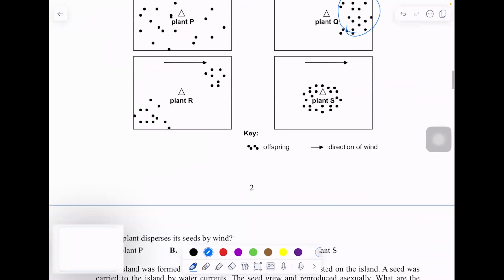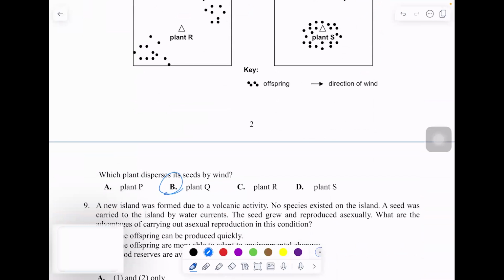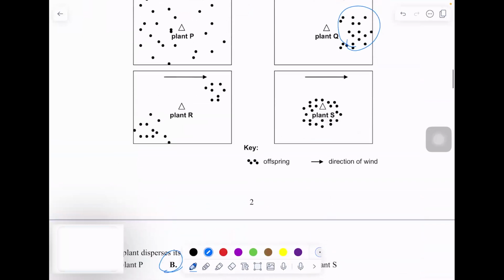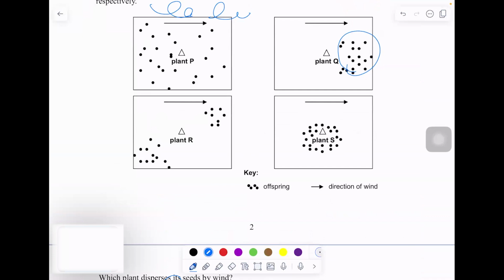Which is B, because it is located on the right-hand side, the same as the direction of the wind. But if it is located just near the host plant or the parent plant, then rather than pollination, they will have asexual reproduction.